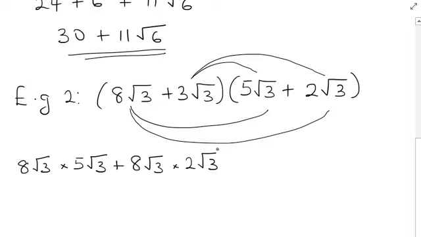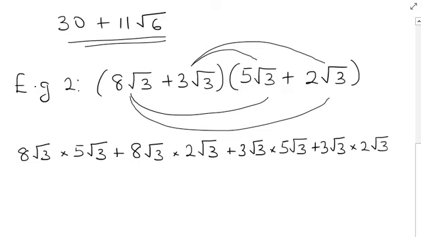Then because of this plus here, plus 3 root 3 multiplied by 5 root 3. Then plus 3 root 3 multiplied by 2 root 3. So let's simplify further.